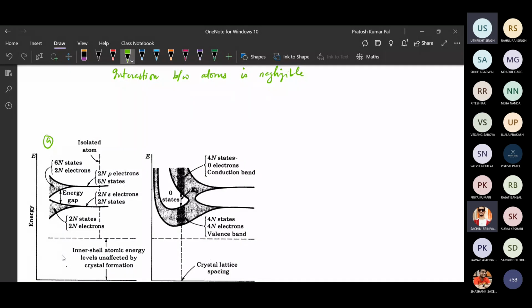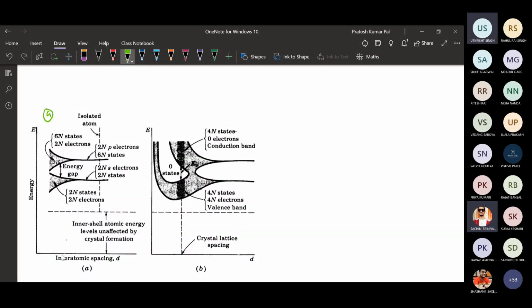Here, if the interatomic distance is very high, then whatever outer electrons are there in the atom will constitute an energy level. That energy level of both atoms will be equal if the distance between these two is very high. Here this represents the energy of the S and P states.